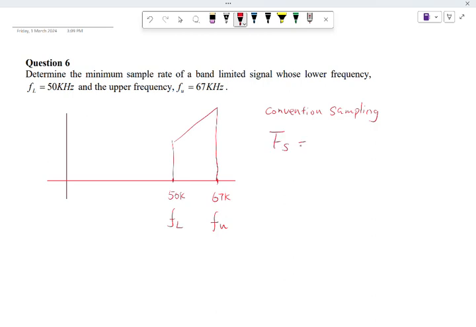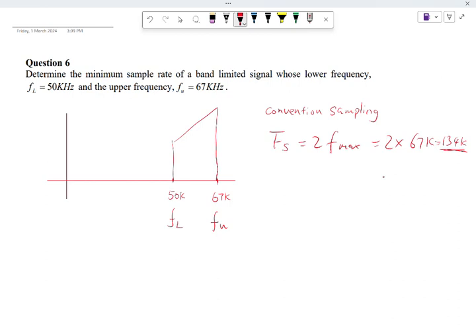The sampling frequency is double the maximum frequency. If we want to sample a signal with this frequency spectrum, the maximum frequency is 67K, so we do 2 multiplied by 67K, that is 134K. That's the answer.